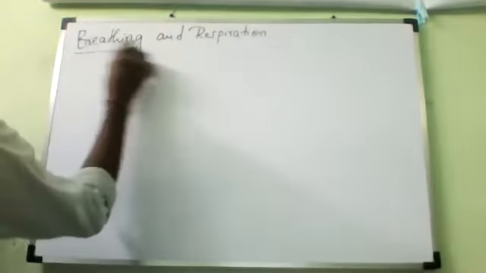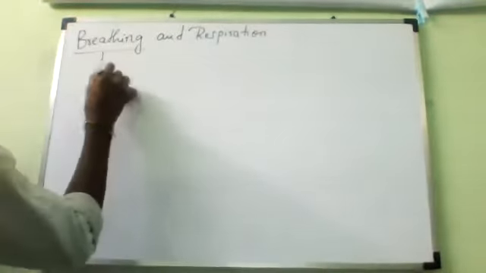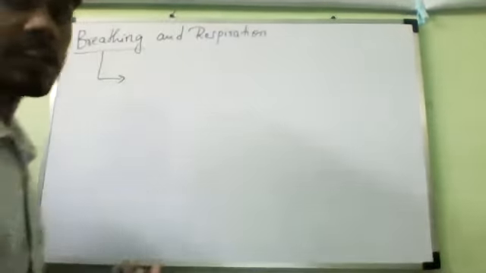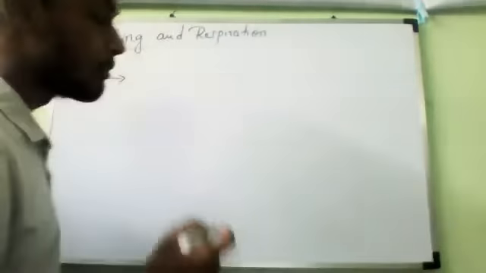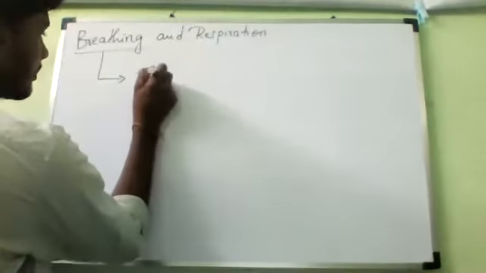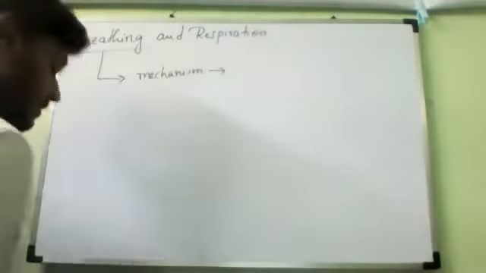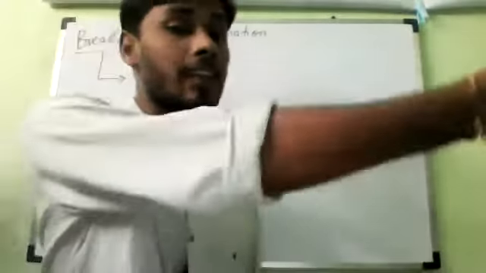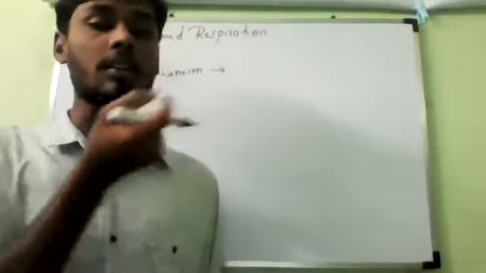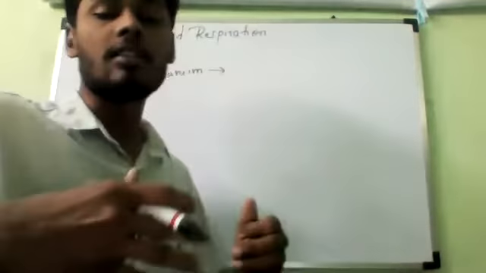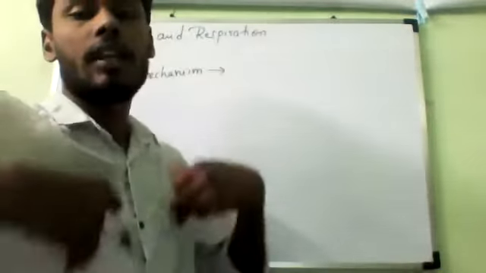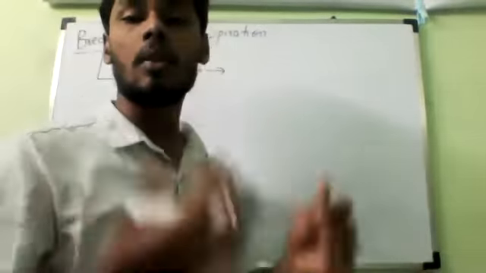So now let us come to the first one, breathing. What is the meaning of breathing? It is just a simple mechanism by which an organism obtains oxygen from the air, and along with taking oxygen, it also releases carbon dioxide.